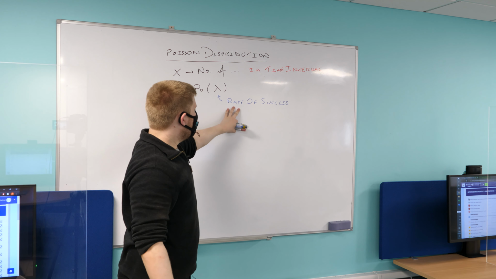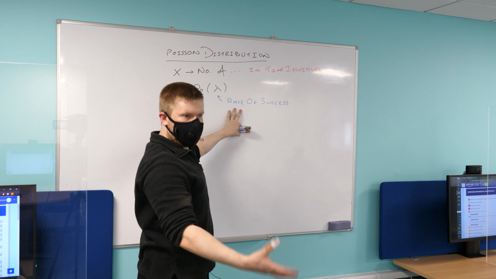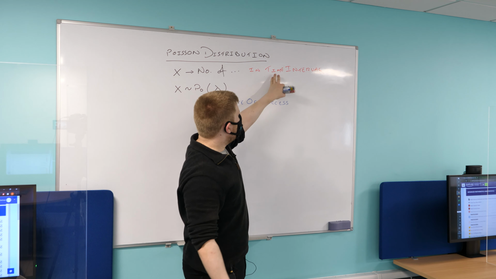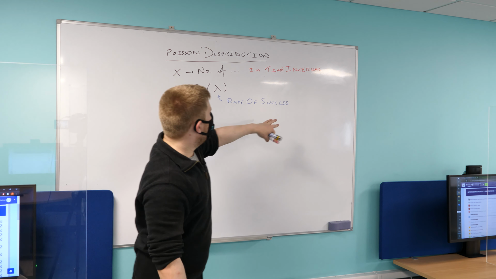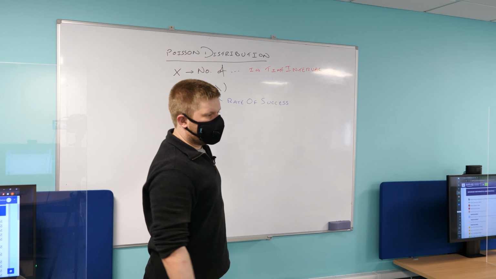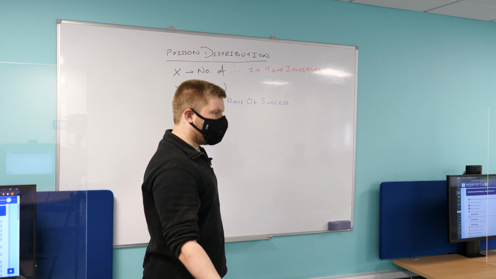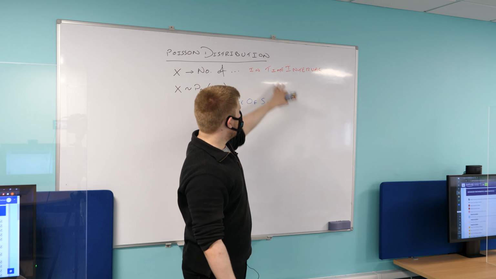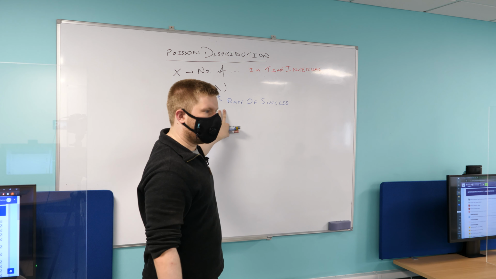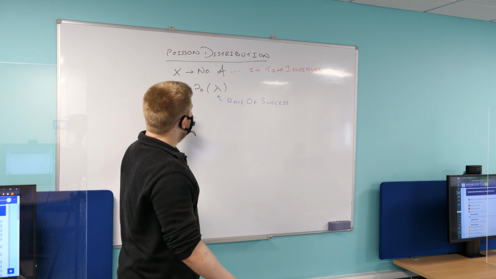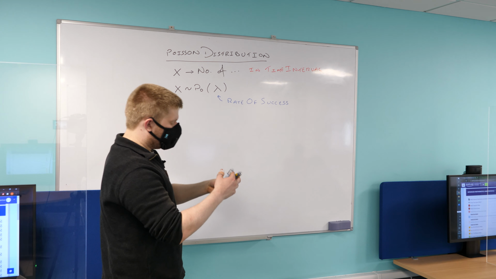Because clearly, the number of occurrences, the rate at which something is happening, is going to be dependent on that time interval. For example, if you're looking at an hour, the rate of success might be 3 things happening within that hour. Well, clearly, if you change the time interval to be 3 hours, there's going to be 3 times as much, right? Good, so that's kind of how the Poisson distribution works.